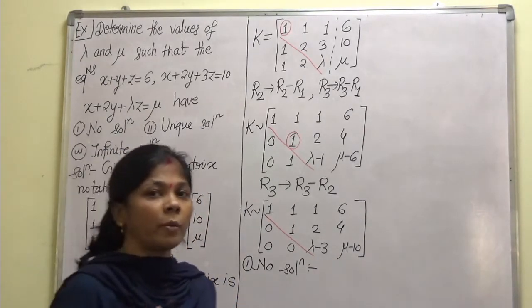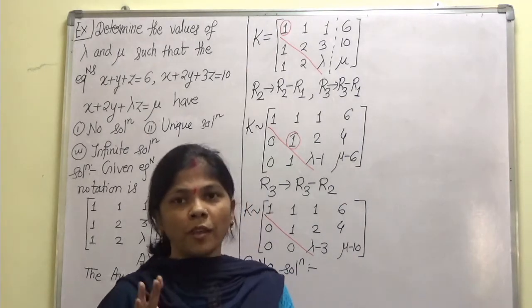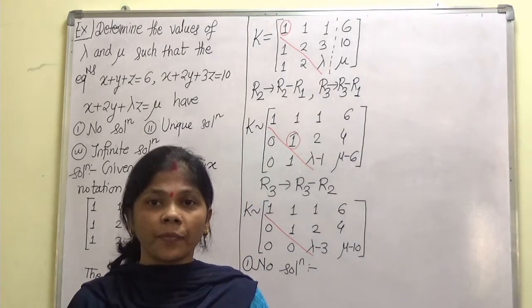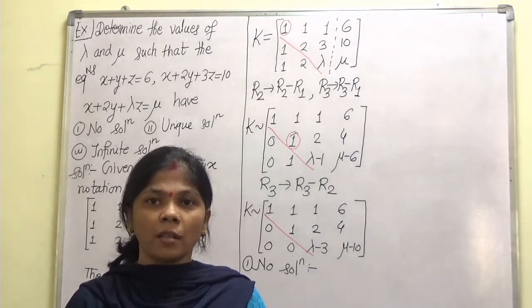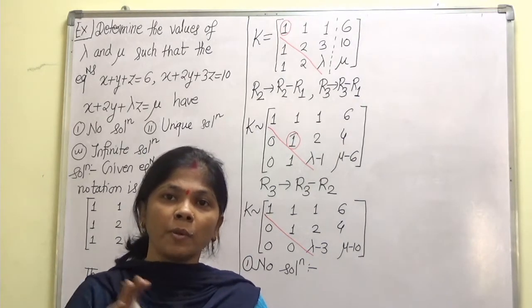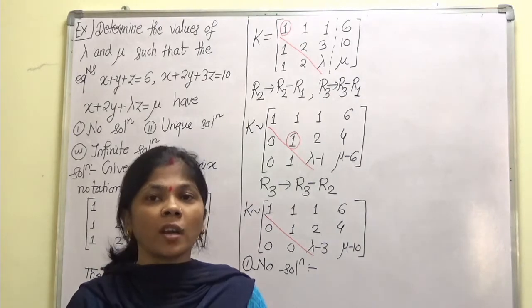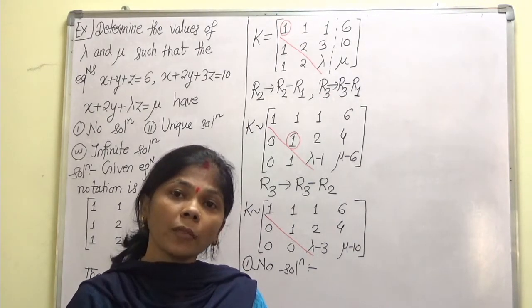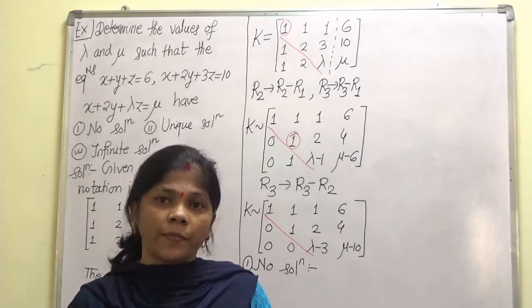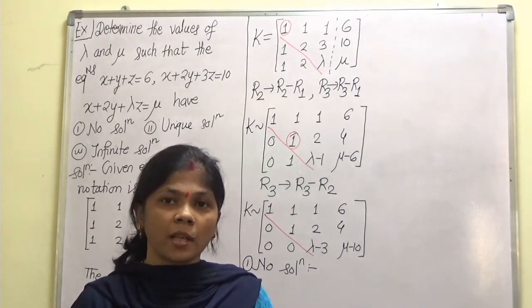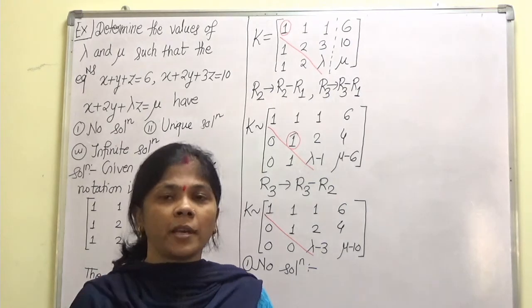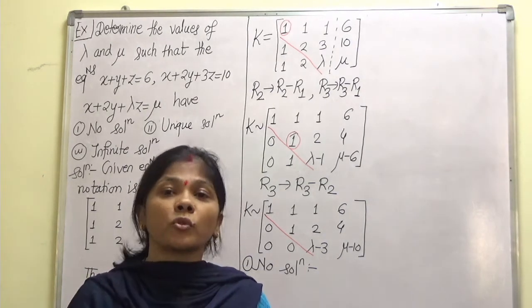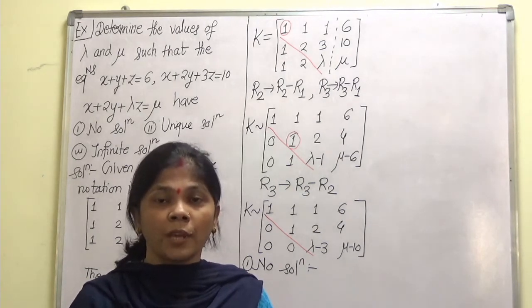Remember one more thing, that the rank of A will not exceed the rank of K. If there is a mismatch, that the rank of A is not equal to the rank of K, in that case the rank of K will be the highest one. Remember this thing, the rank of K will be the highest one. It is not possible that the rank of A comes out to be more than the rank of K.